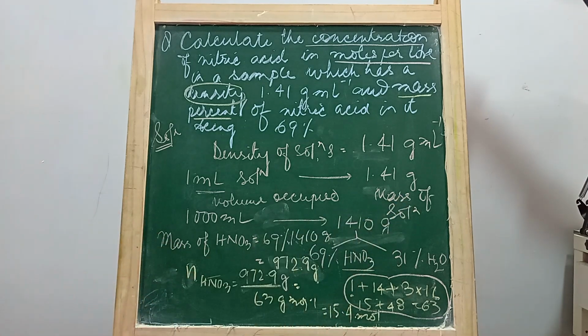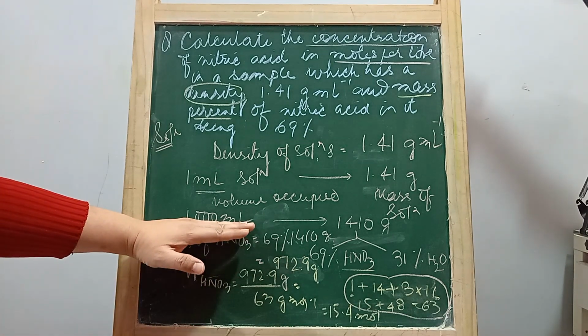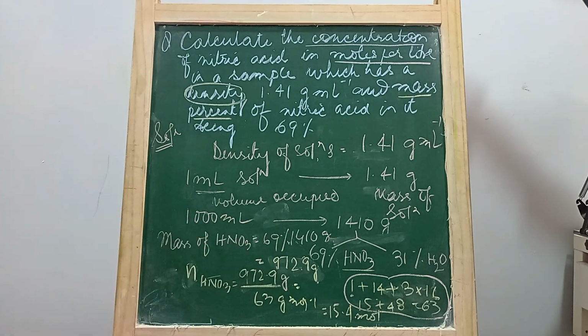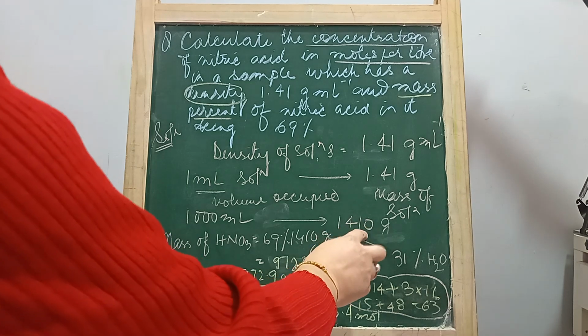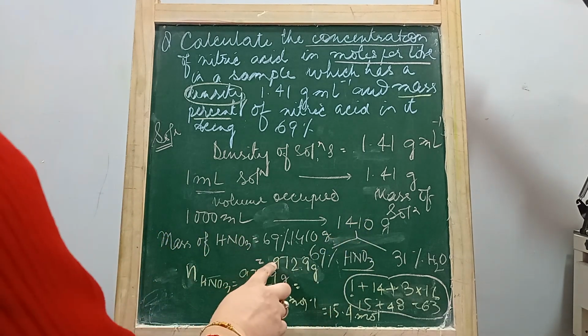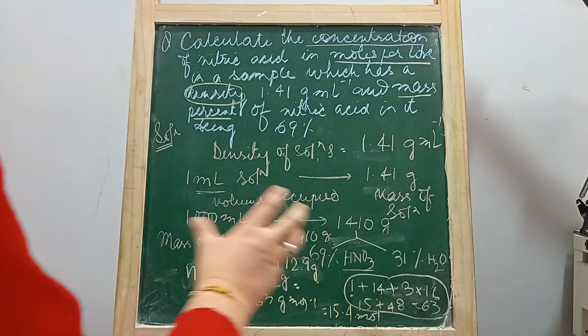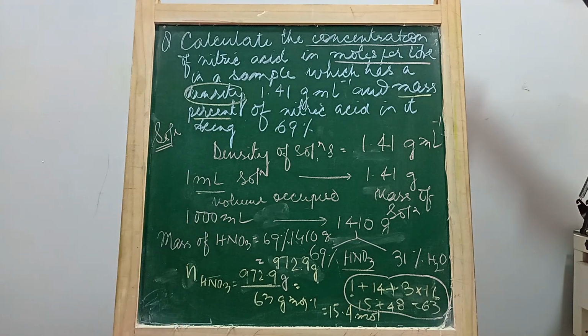Out of about 1.5 kg of solution, about 1 kg is nitric acid. So in 1 liter of solution, 972.9 gram of nitric acid is there, almost 1 kg.